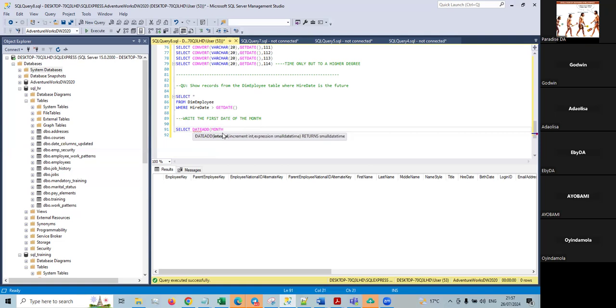Date add month, date diff, again month, and day 0 to get date. So to whatever date that you are on. Close bracket.